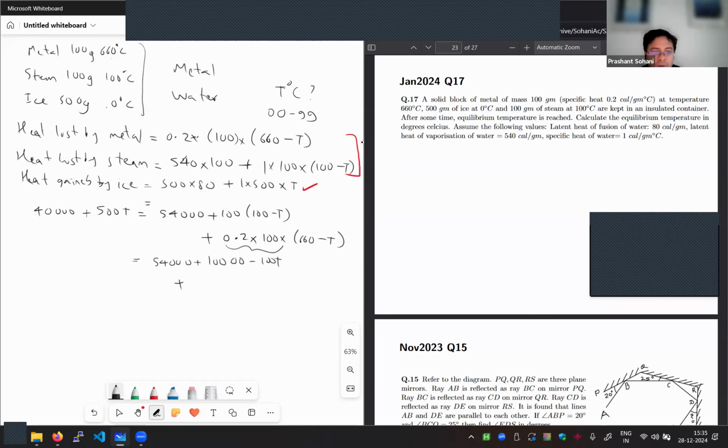So this is simply 20. So therefore I want to get 620 T is equal to... I hope I'm doing the calculations correctly.